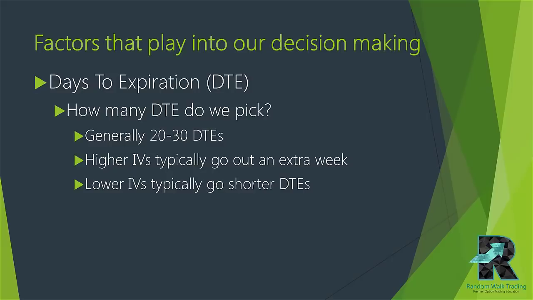But generally, we're using these trades for 30 days or under, and take advantage of some of the outside edges of the normal distribution curve, and see if we can pack in some profits.